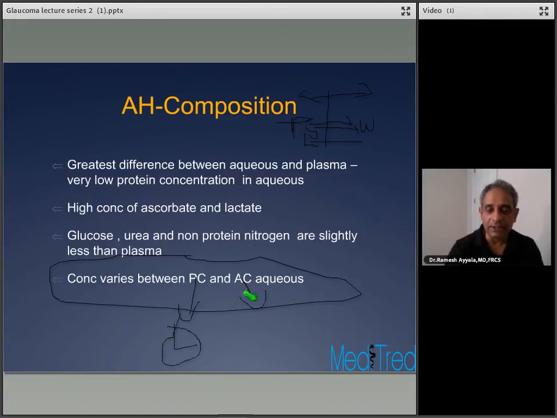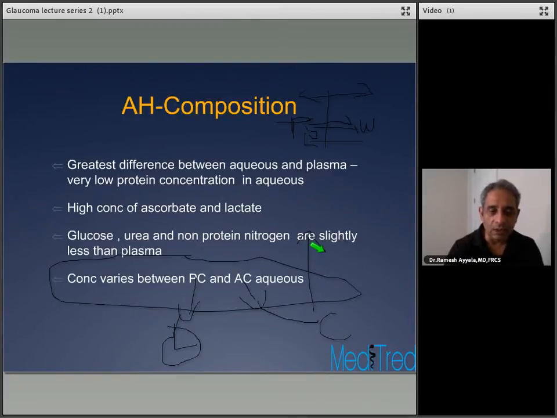And within the anterior chamber, it has to supply nutrition to the cornea and pick up the waste product from the corneal endothelial cells before it exits out of the eye. So there is a constant change in the aqueous composition depending upon where you measure it, posterior chamber versus anterior chamber. Important concept for you to understand.